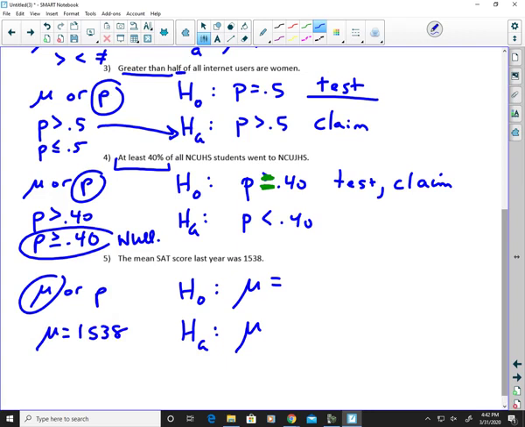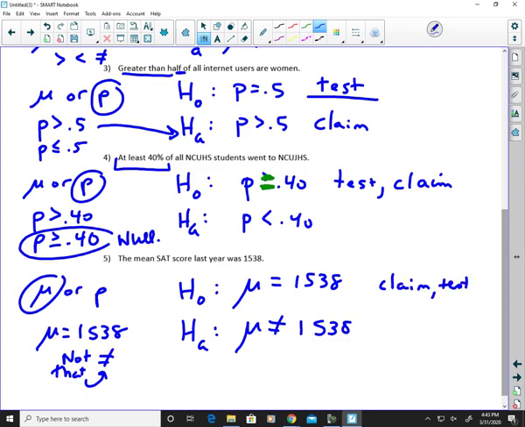So I'm going to test it not being that, which means not equal to 1,538. But what was the sentence claiming? The top one. And they still will always test the null. So you can just write test on the null every single time and you'd never be wrong.